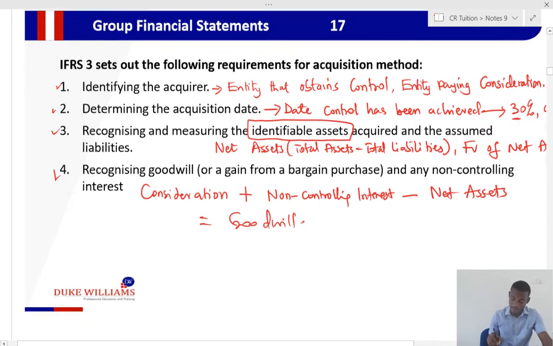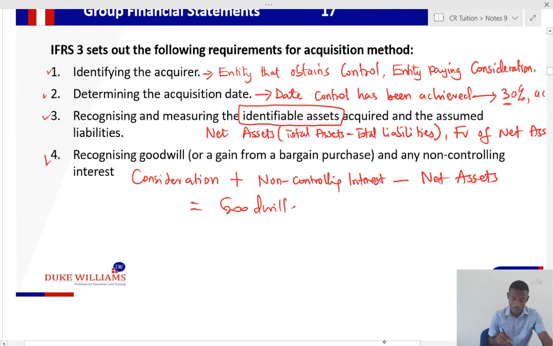So where we have the consideration and non-controlling interest, that represents the market value of the subsidiary, and if we less the identifiable net assets, the excess over and above the identifiable net assets, that is goodwill.